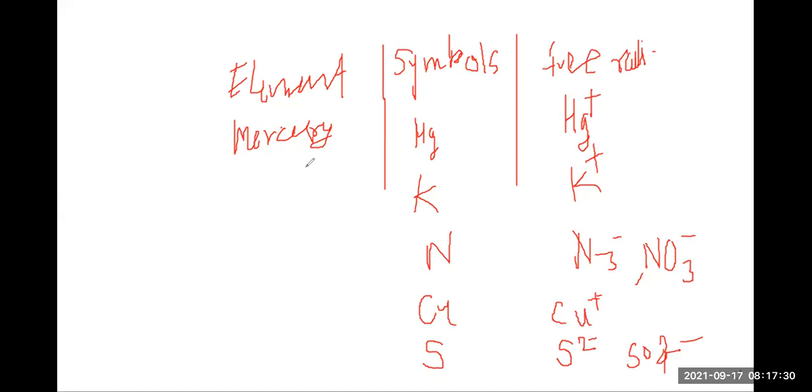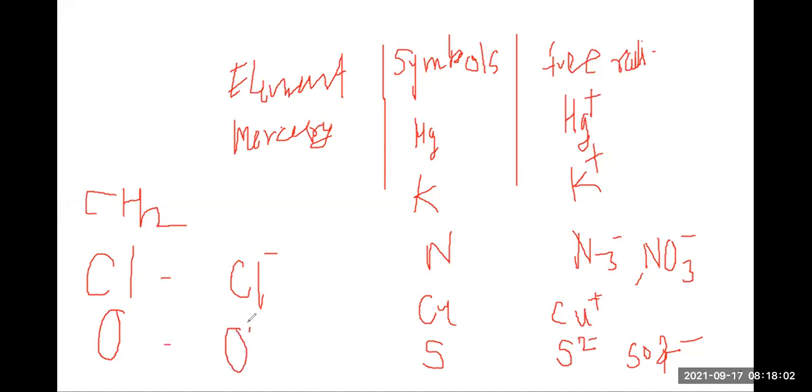Then carbon, its symbol is C, and we can write carbide, and the CH2 group, the ethene group CH2. Then chlorine, Cl, which gives a negative radical, Cl minus. About oxygen, we get O2 minus.